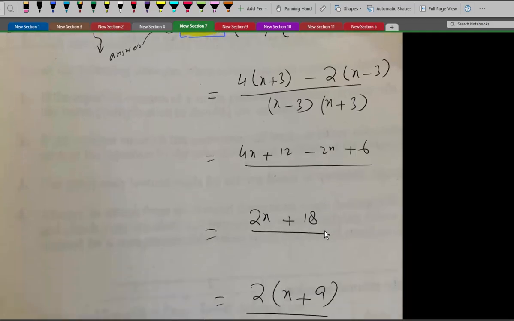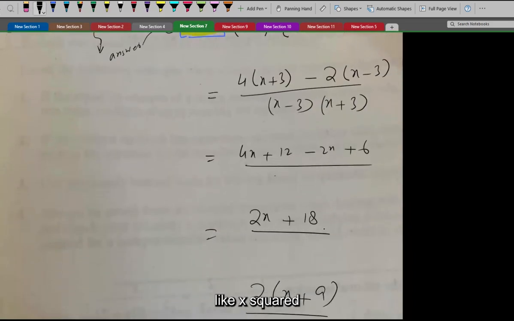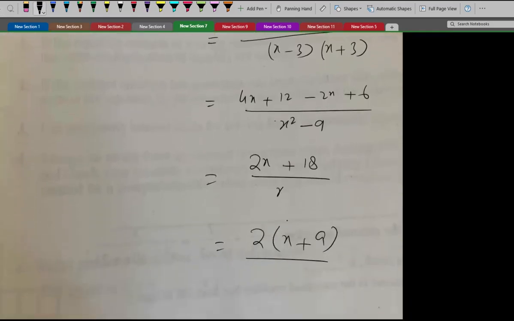I think no. Okay, so x minus 3 into x plus 3 is x squared minus 9.